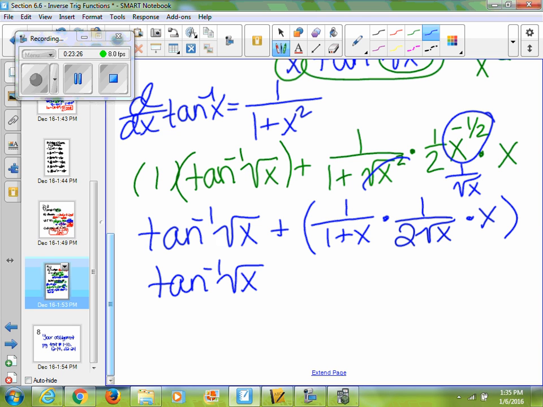Okay, so continuing to simplify, the first part stays the same. Now let's just multiply all of our fractions straight across. So 1 times 1 times x gives me just an x. If I look at the bottom part, 1 plus x times 2 square root of x, if I pull that 2 out front and leave the square root of x back, times 1 just gives me 2 times 1 plus x times the square root of x.